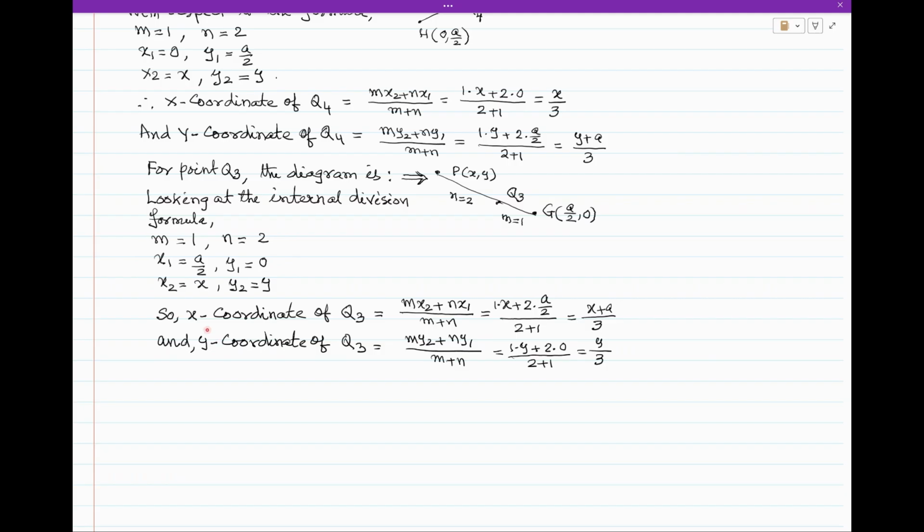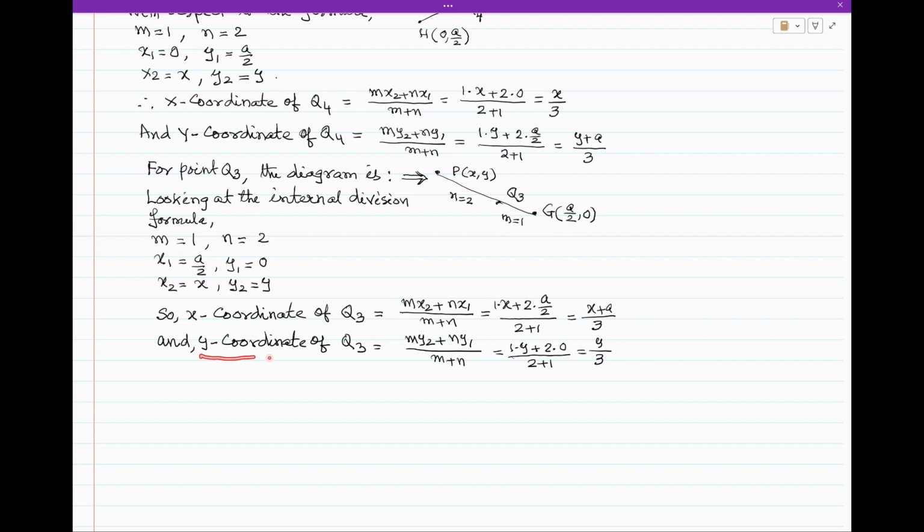Therefore, the x coordinate of Q3 is (1 times x plus 2 times a by 2) divided by (2 plus 1), which is (x plus a) divided by 3.